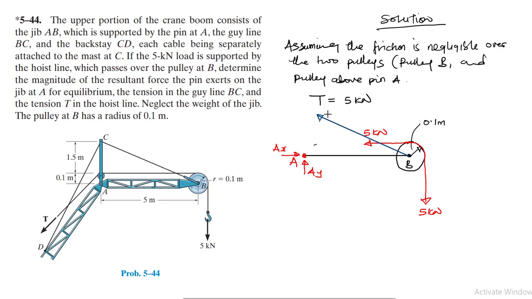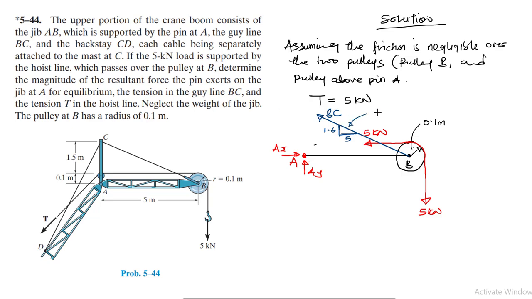So this one I'll call tension BC, and the slope for this is 5 on the horizontal and 0.1 plus 1.5, which is 1.6.